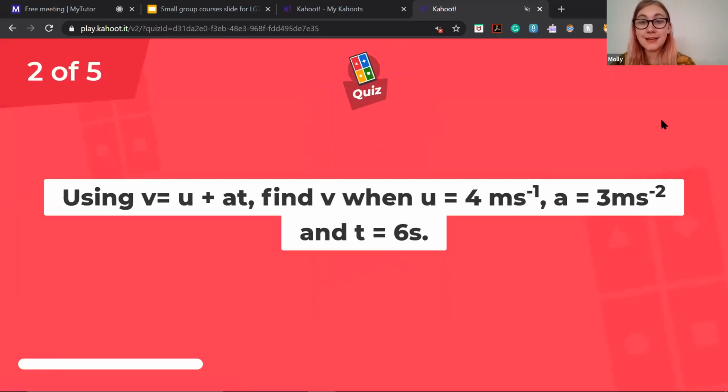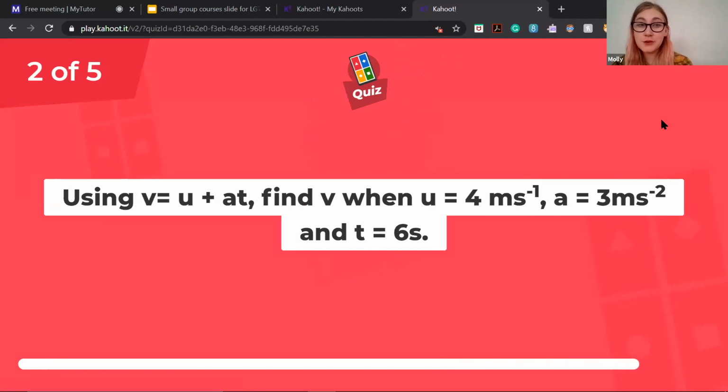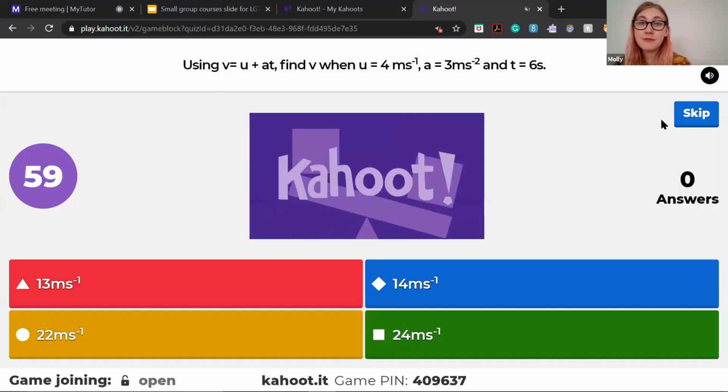Okay. Now we've just got a substitution. So using V equals U plus AT, find V when U is 4, A is 3, T is 6.